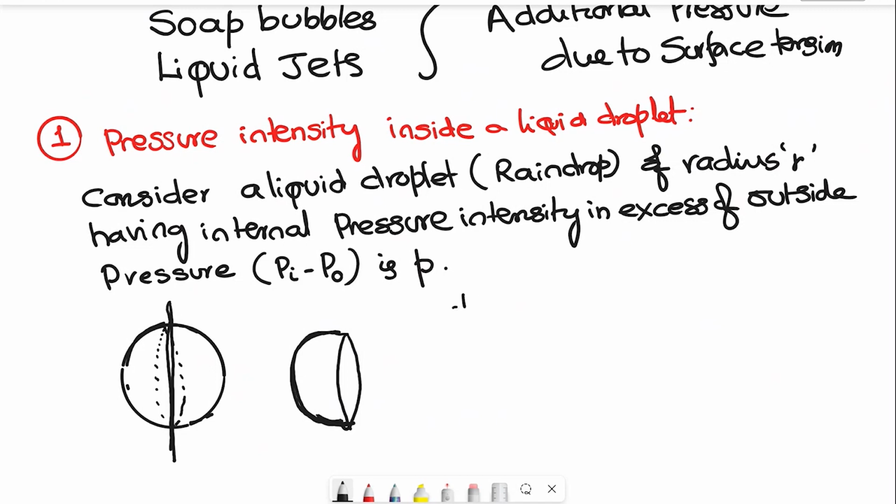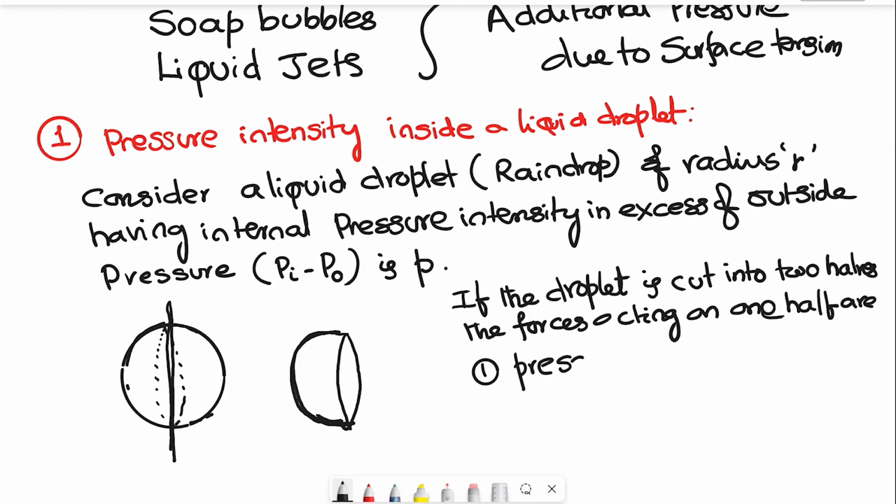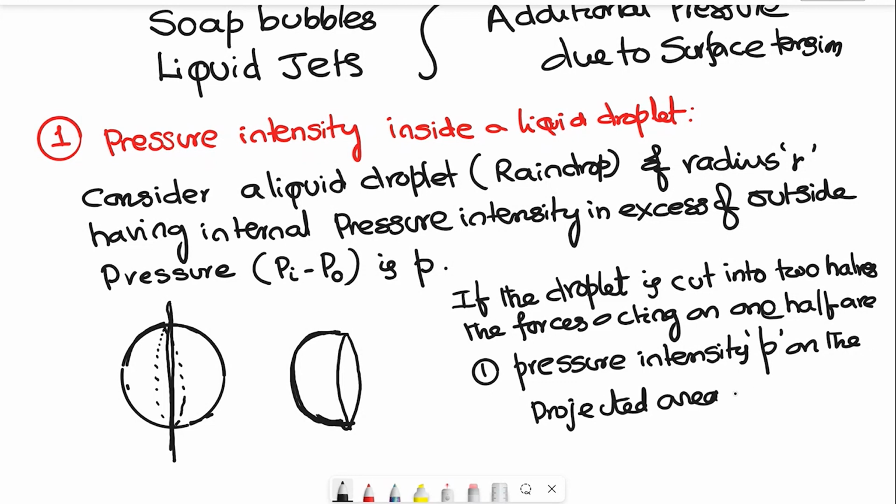If the droplet is cut into two halves, the forces acting on one half are: number one, the pressure intensity P on the projected area, which acts normal to it.